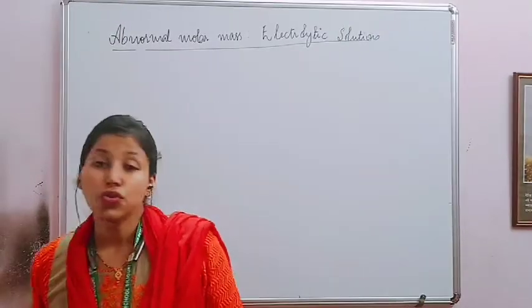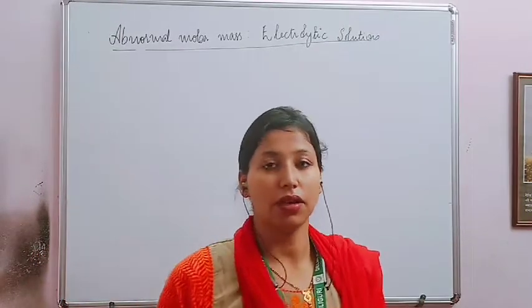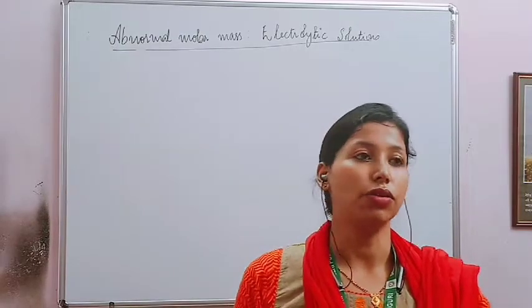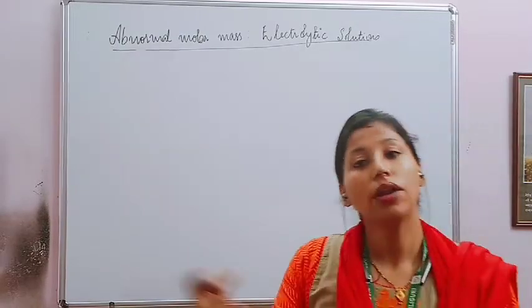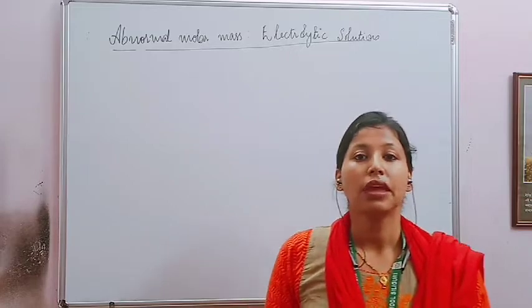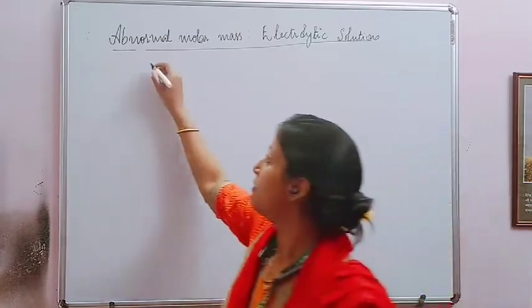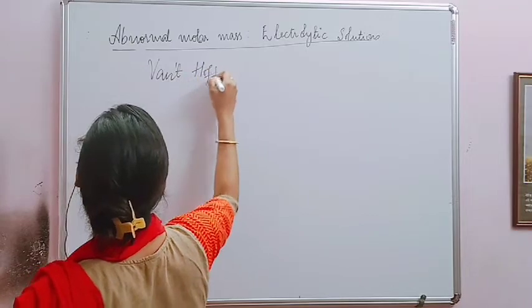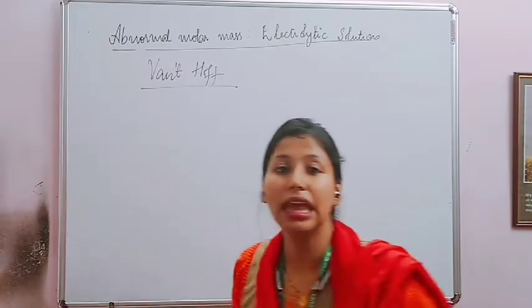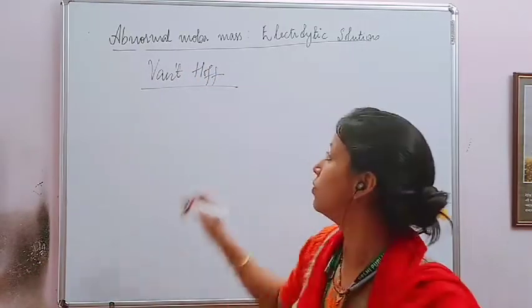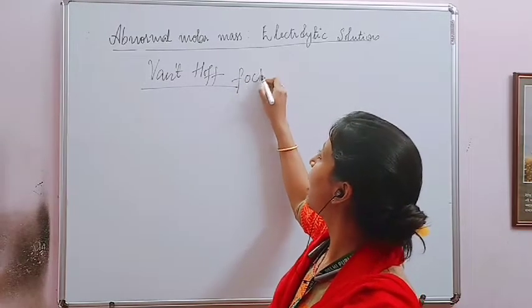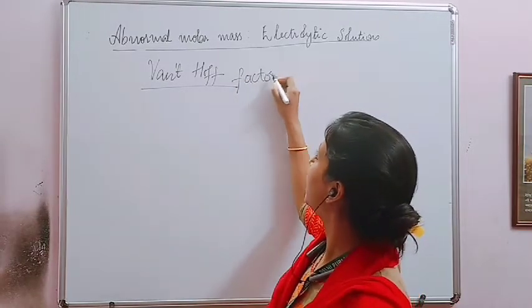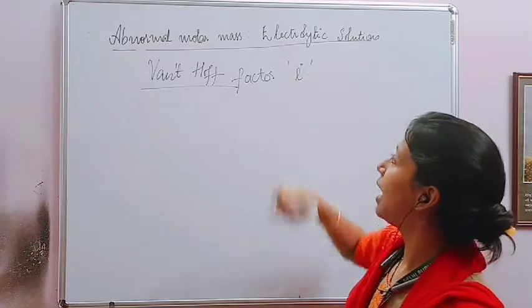Now, up to what extent your solute undergoes dissociation or association in solution was explained by Van't Hoff, and he gave a factor which is known as the Van't Hoff factor. It is given by i.